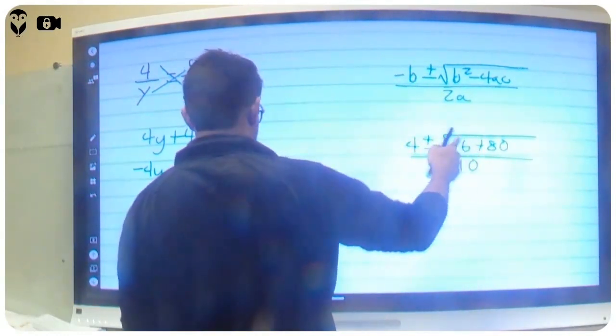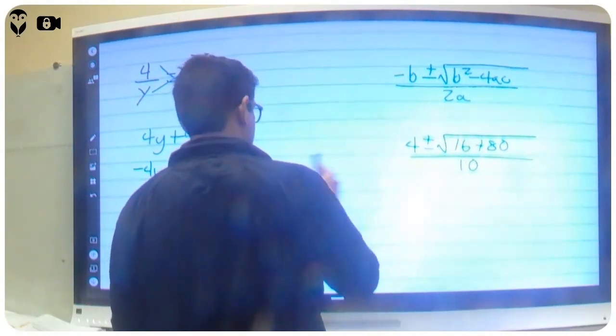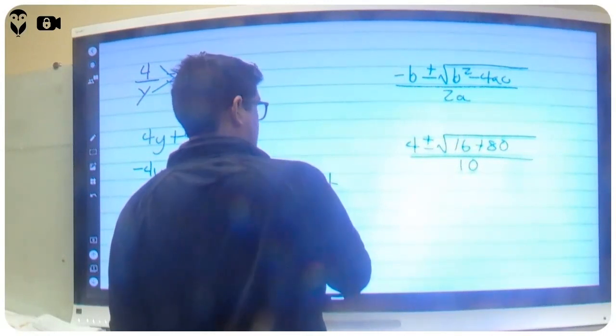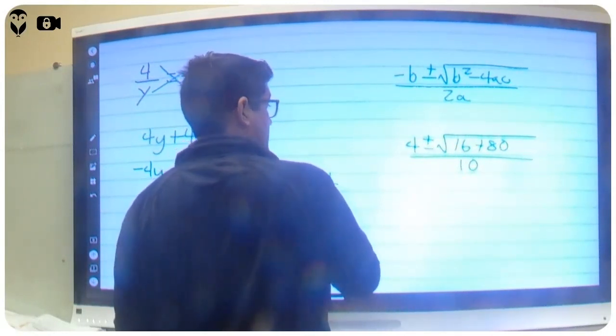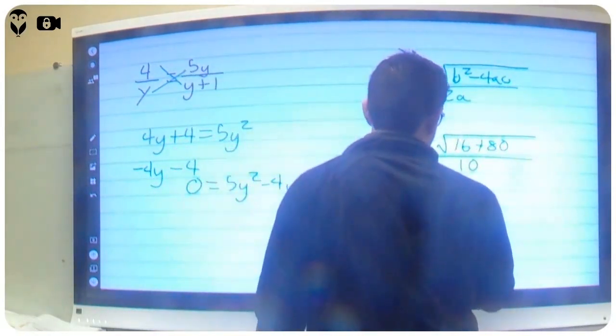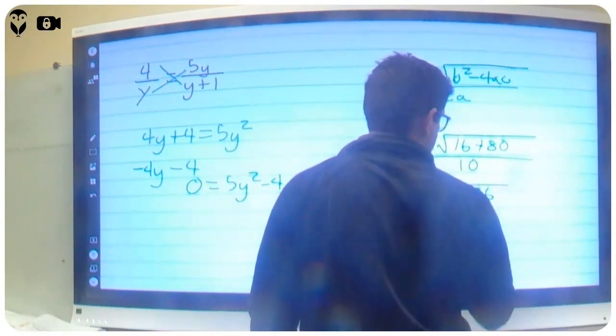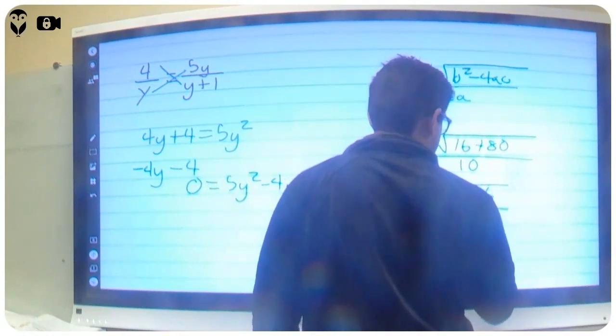Right? So let me just make sure I did that. Minus 4a, so minus 4 times a is -20, times c is going to be +80. Okay, yeah. So 4 plus or minus the square root of 96 divided by 10.